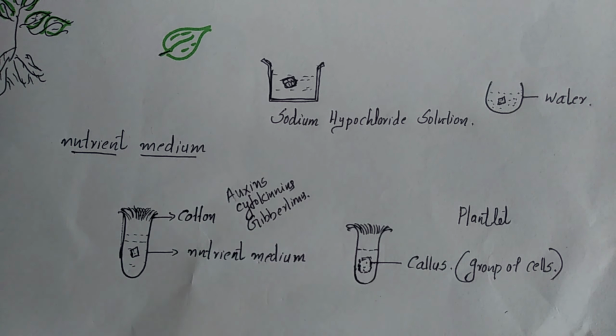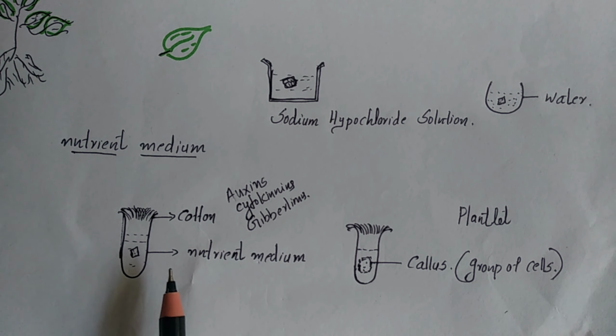Zinc, magnesium, copper, etc. are examples of micronutrients, whereas macronutrients are nitrogen, phosphorus, potassium, calcium, etc. So it must consist of sufficient quantity of micro as well as macronutrients. Then you can also include some minor quantities of organic nutrients too. So these are the constituents of nutrient medium.